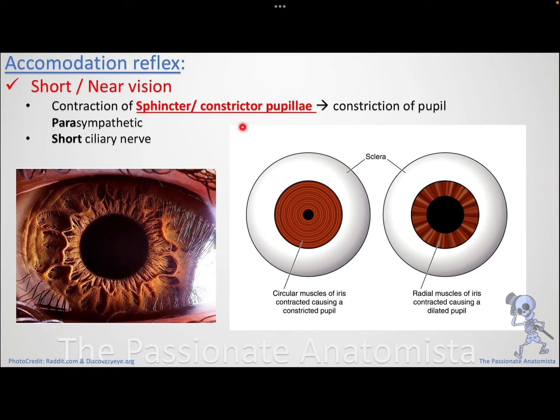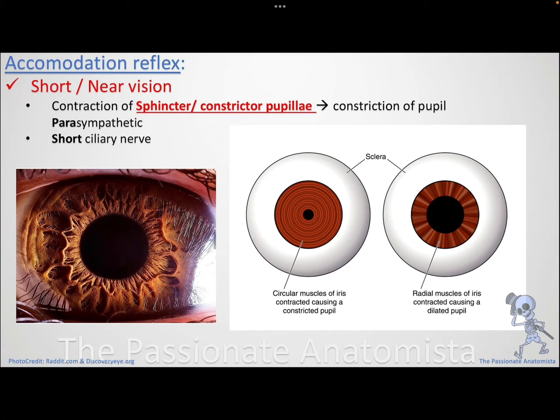Constriction has the letter R, constriction of the pupil. Not the dilator pupillae. So memorize only one thing and the other one will be the opposite. For the short vision, you need to activate those muscles and constrict your opening because you really don't need all of this light. So you are acting in both ways.